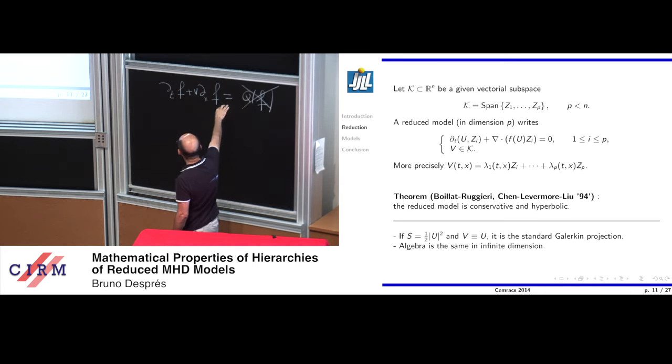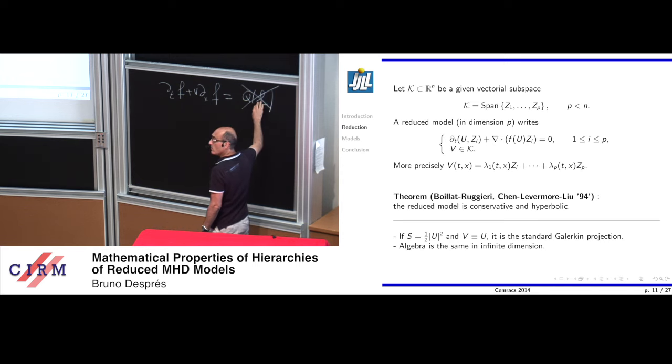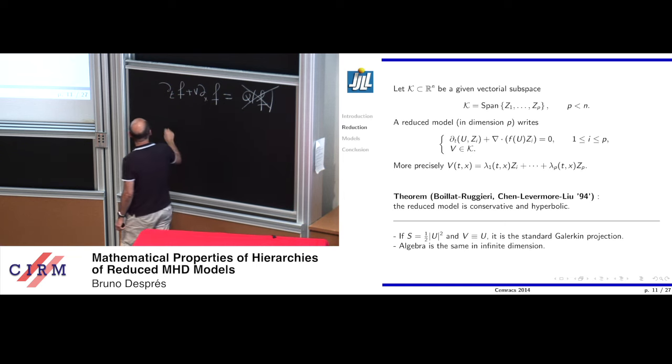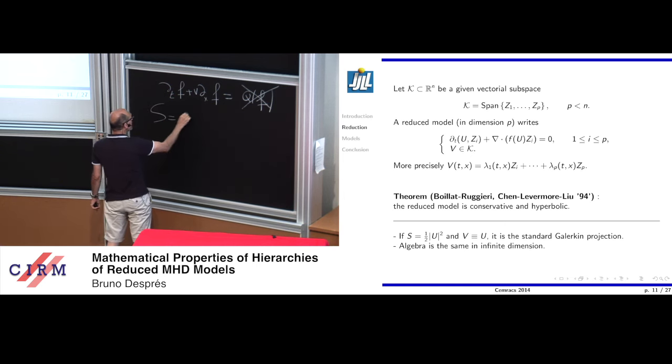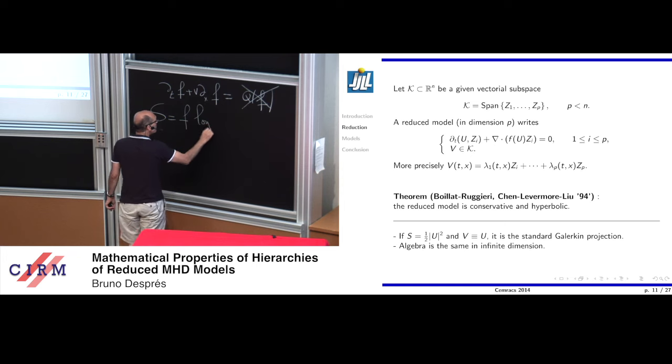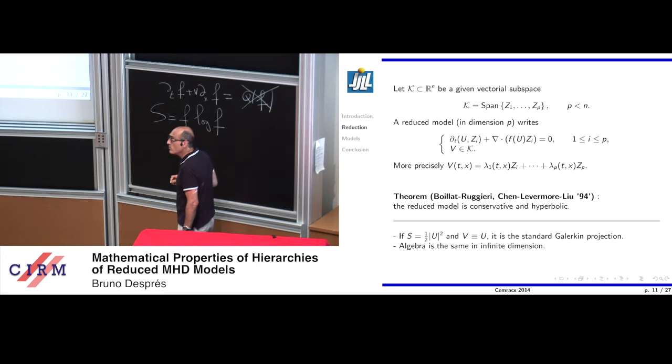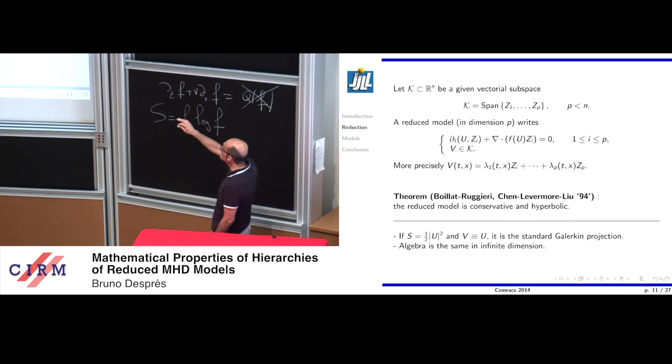Let us assume that I write here the Boltzmann equation. The Boltzmann equation is a transport equation with some collision term. But you can use that structure to do things. Here, it is known that for the Boltzmann equation, this is the entropy. This is the physical entropy. Let me show that it fits in this algebra.